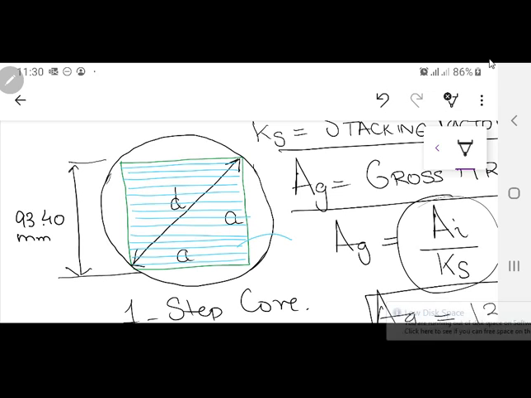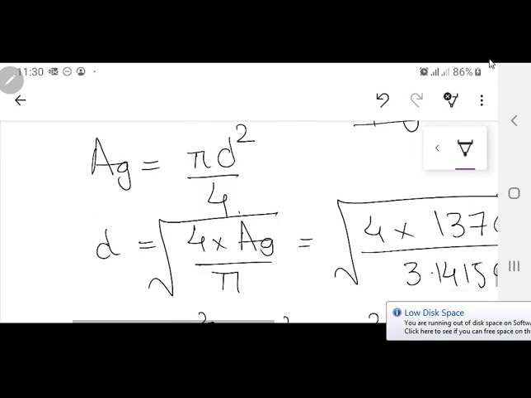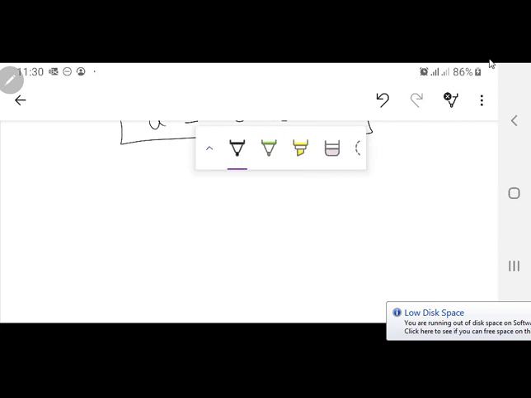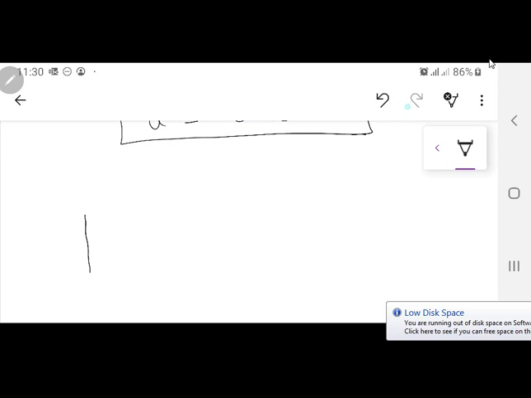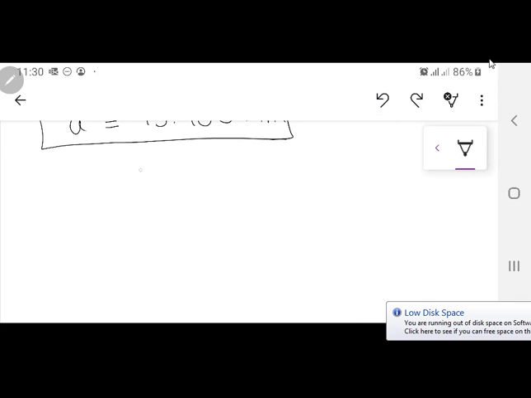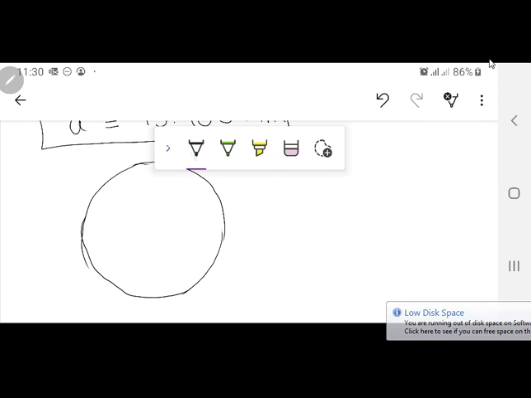Reason behind it, because a single step core is rarely used. Now if I go towards a two-step core, let me draw that diagram now. In fact let me use the circle form first.